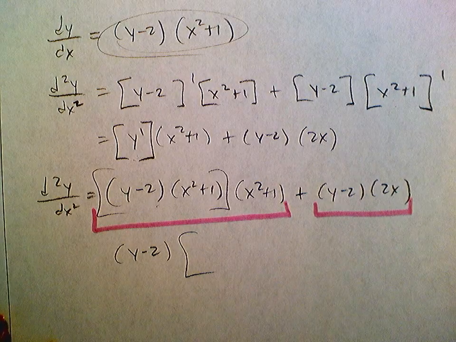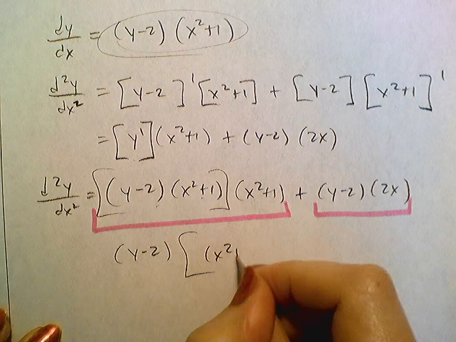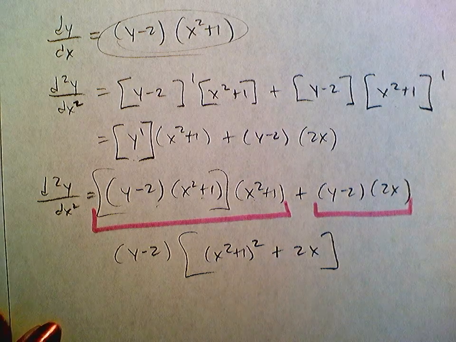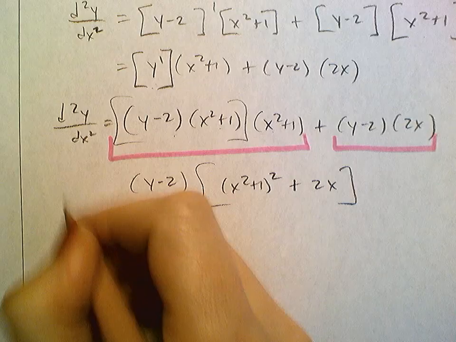And then left inside is this times that. So x squared plus 1 squared plus just 2x. All right, so there is that.